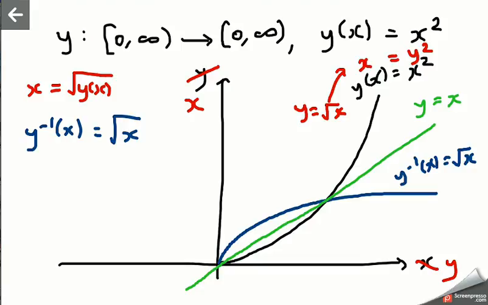And this function down here is going to be, well, x equals square root of y, in other words, y equals x squared.